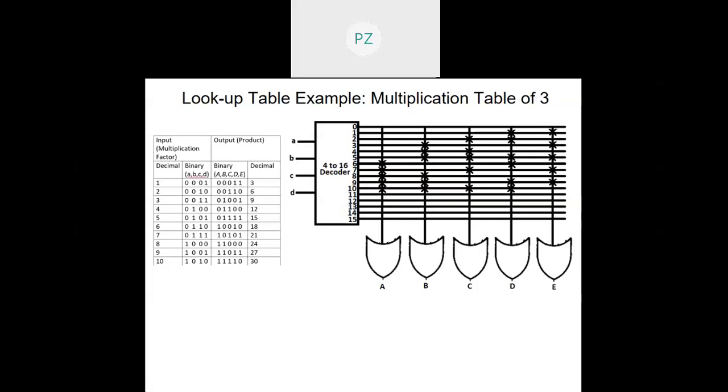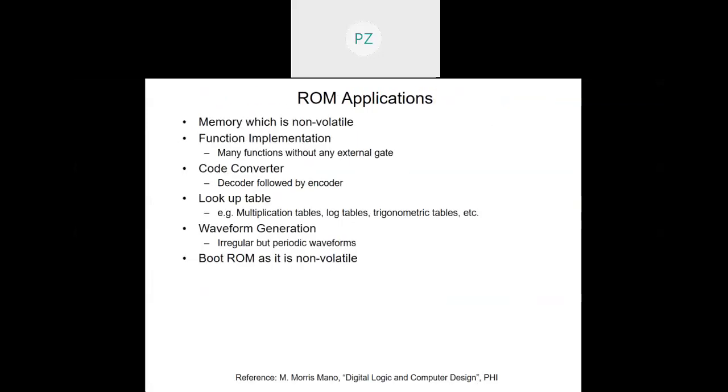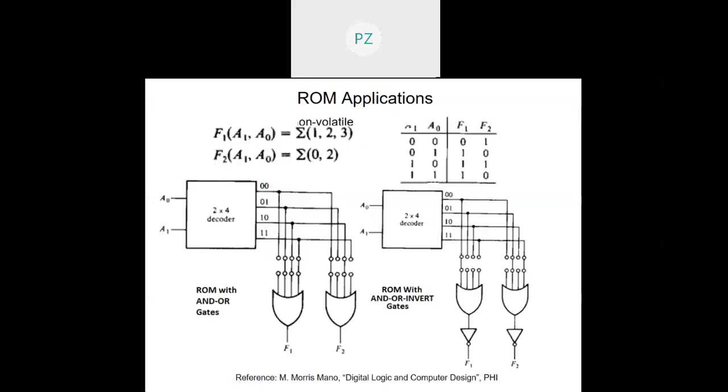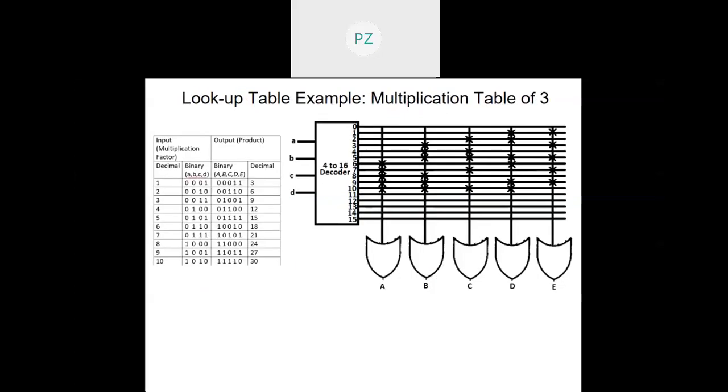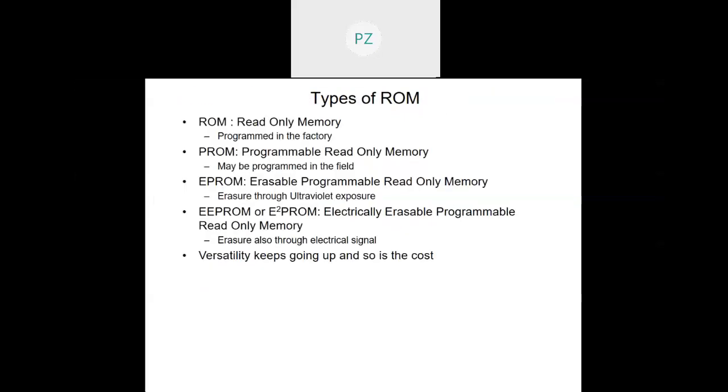That is why it can be used as the boot ROM, so that when the computer is switched on, all the connections are there intact, right? So I can just pick those connections up, and correspondingly I'll get the word corresponding to the inputs that I'm giving, right? So these are some of the applications of ROM.